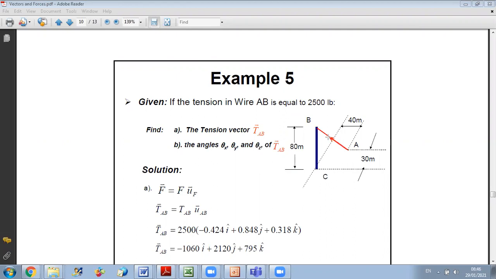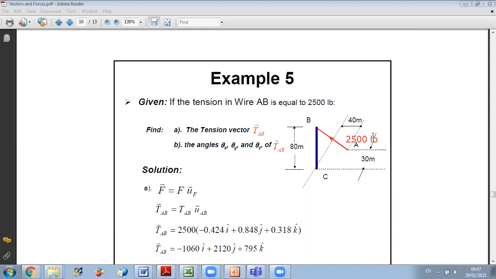So they gave us the magnitude of the tension, and they want us to calculate the vector TAB. Vector TAB is directed from A towards B, and its magnitude is given.